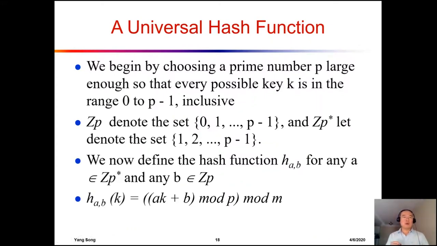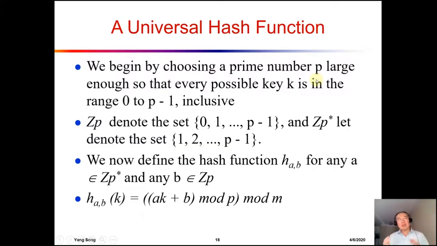Okay, so how do we create a big family of hash functions? I'm not talking about how to design one very smart, very tricky hash function. Instead, I want to create a group or a family of hash functions. And how do we do that? We have to move on and define a few more things. Number one is the prime number p.